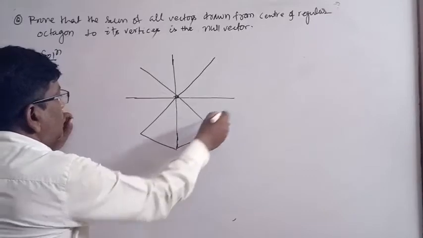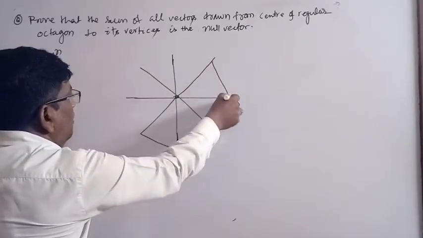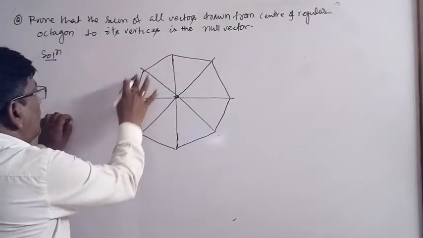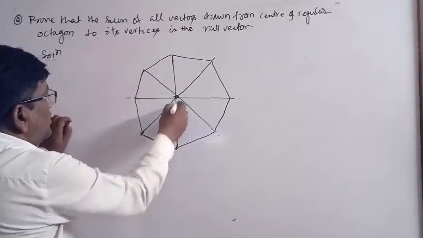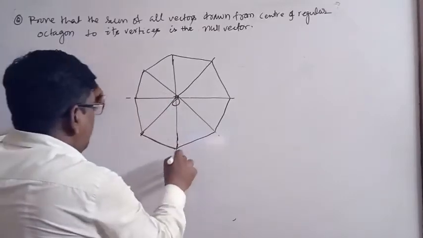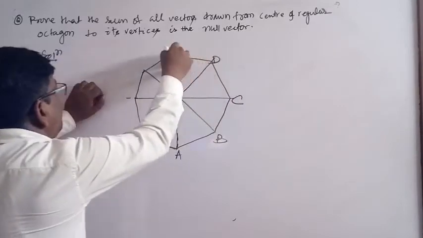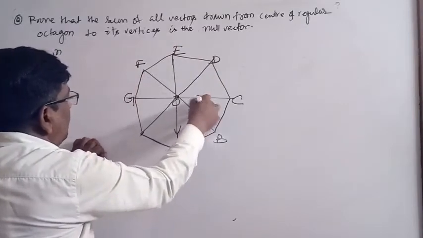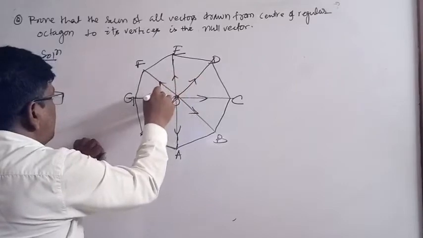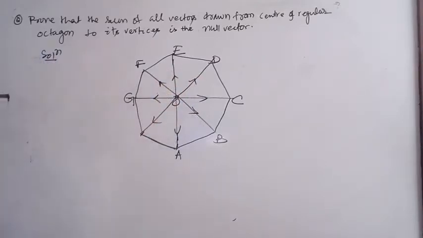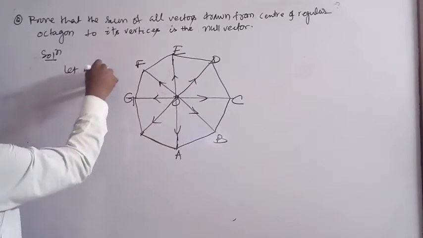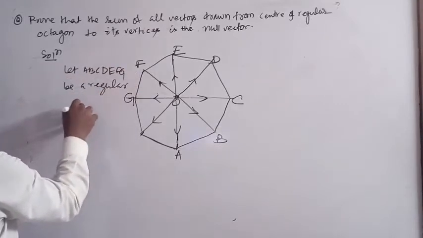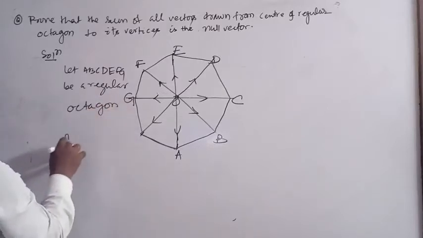Regular means the sides are equal. So this is O, and these are the vertices A, B, C, D, E, F, G, H. The vectors are drawn like this. So let ABCDEFGH be a regular octagon.